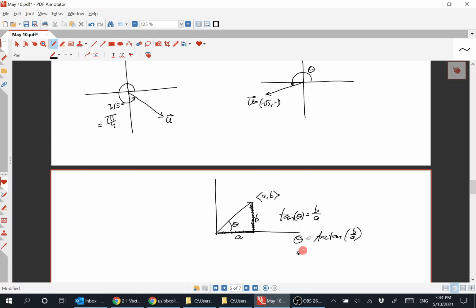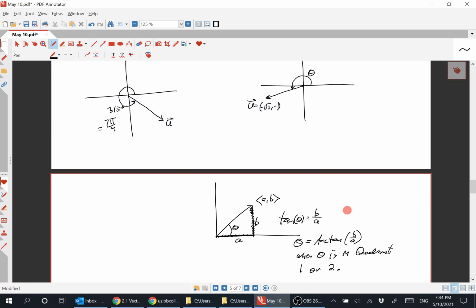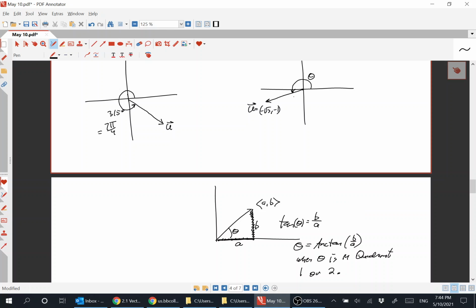Yeah, when theta is in quadrant 1 or 2. When you're in quadrant 3, you can do this same calculation and get the angle right there.